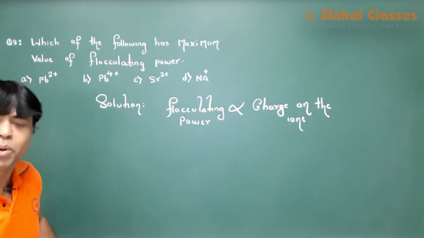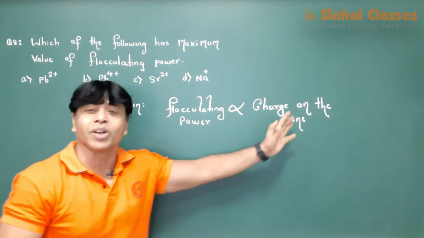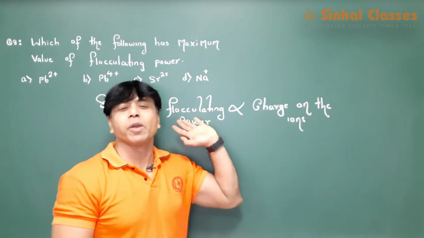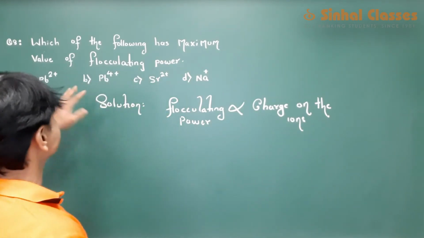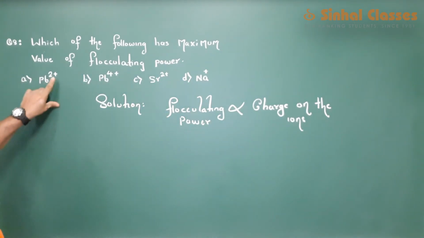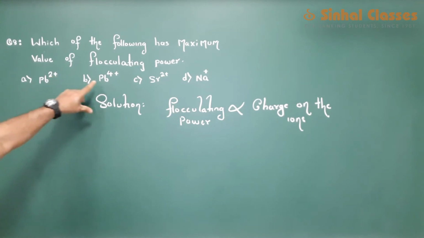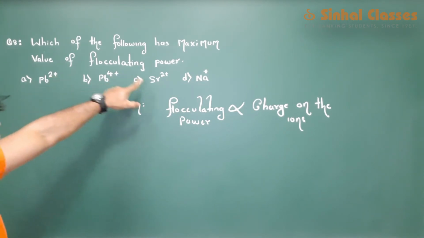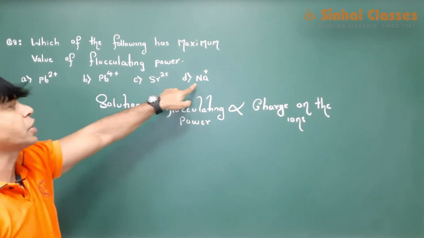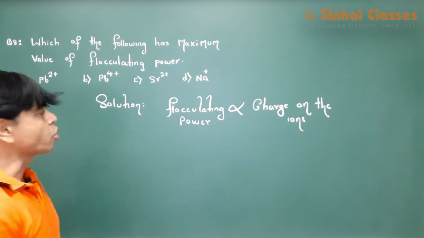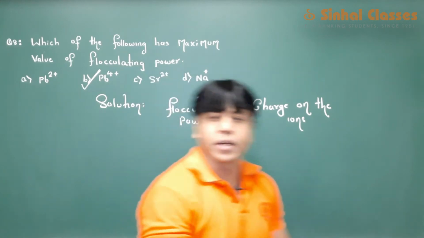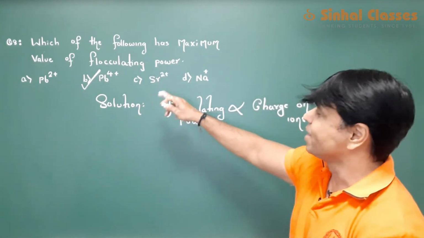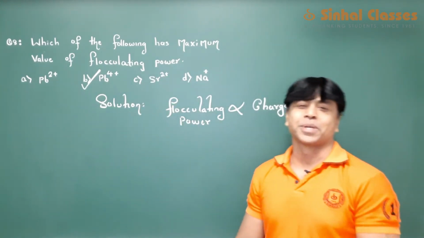So more the charge on the ion, more will be the flocculating value. So if you see the options very carefully, Pb has 2 positive charge, here Pb has 4 positive, Sr has 2 positive, Na has 1 positive. So maximum charge is on B. So your answer for this question is B, which is the correct option.